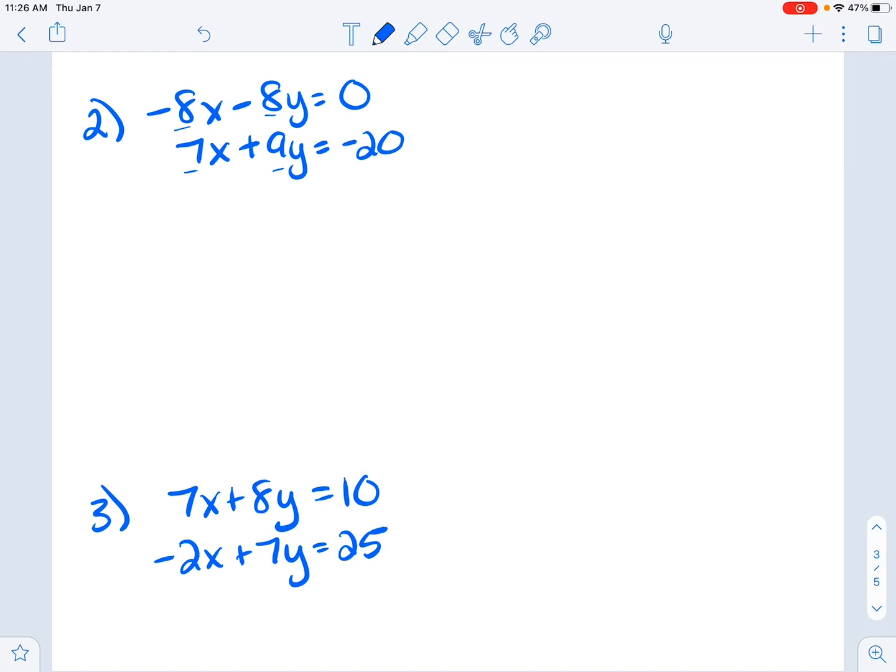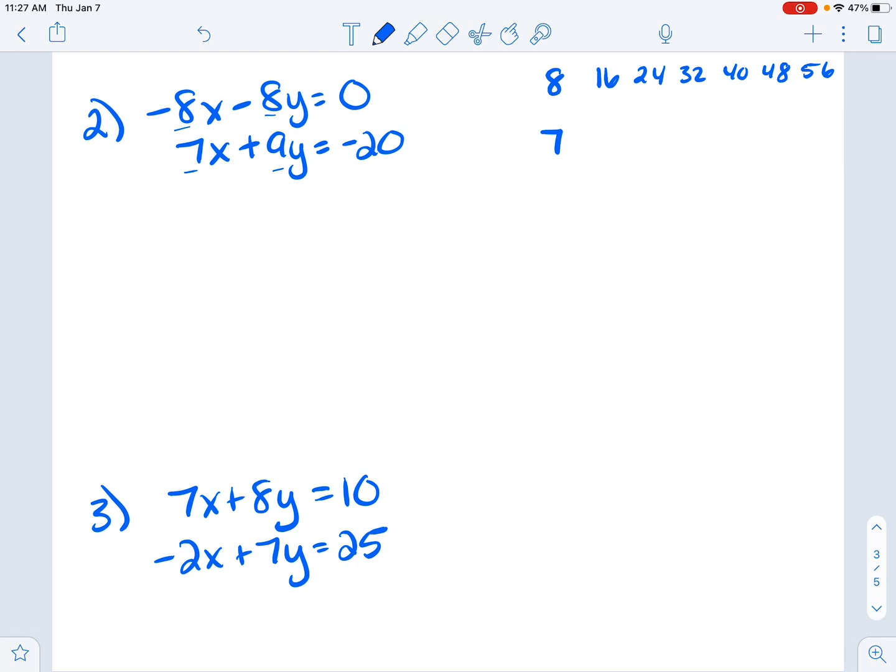So what number does 8 and 7 both go into? We'll do the x's just because they're first. If you can't figure it out, you can list them over here and we can count. So we have 8, 16, 24, 32, 40, 48, 56.